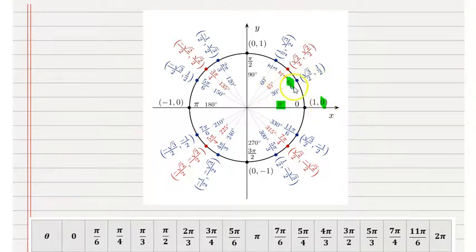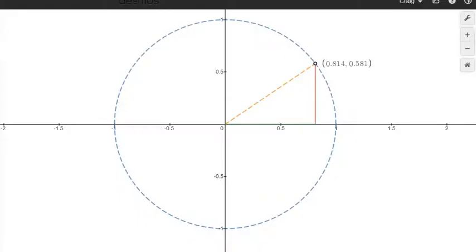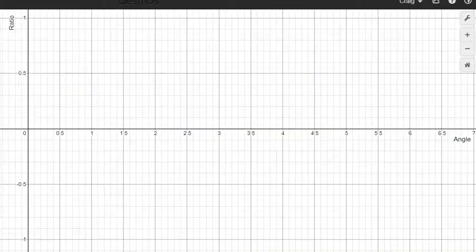For pi on 6 radians, we have a half. For pi on 4, root 2 on 2. For pi on 3, root 3 on 2, and for pi on 2, 1. If I plot those all into Desmos, notice what we get.